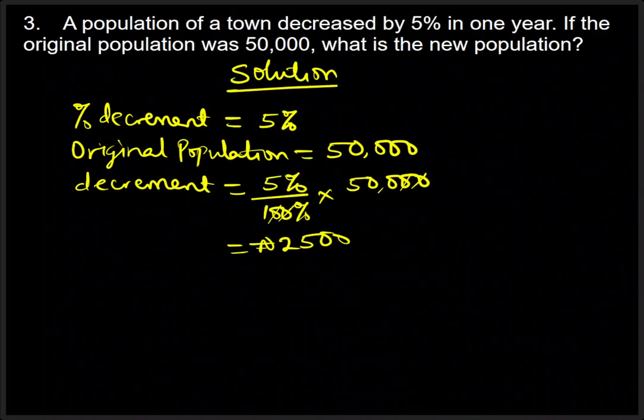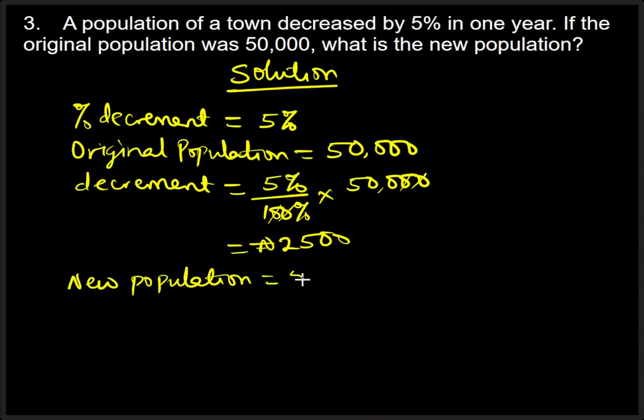All right, so that's the decrement. So let's see the new population after 1 year. New population will be equal to 50. Sorry, this is not supposed to be in money. This is just a population, it's just a number, shouldn't be in money.